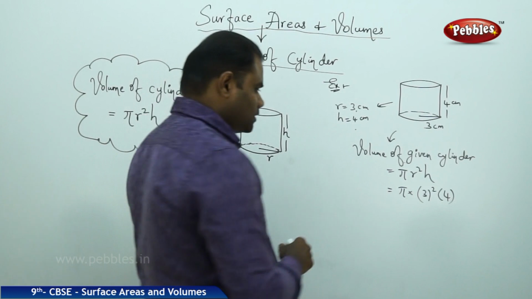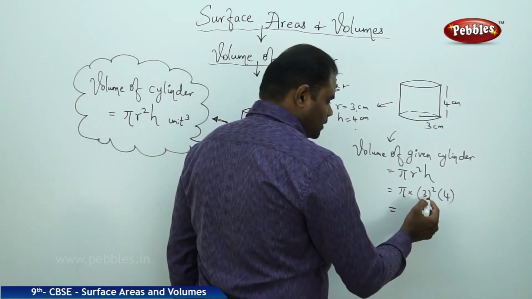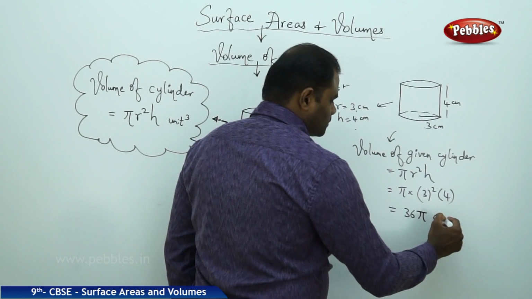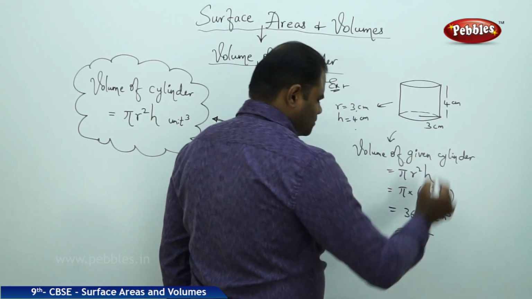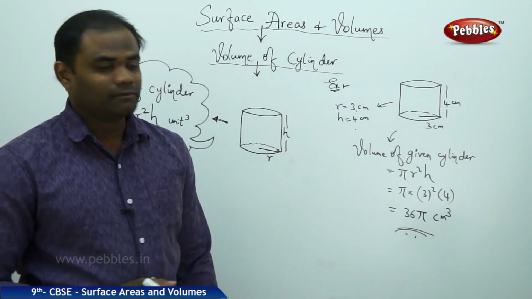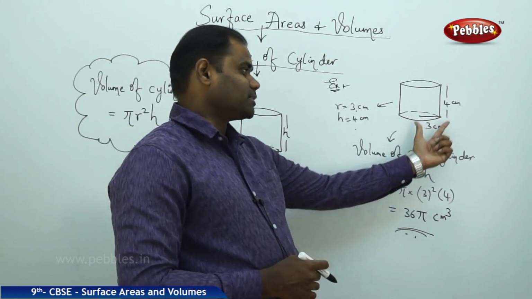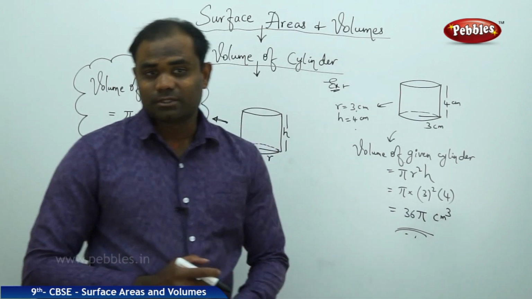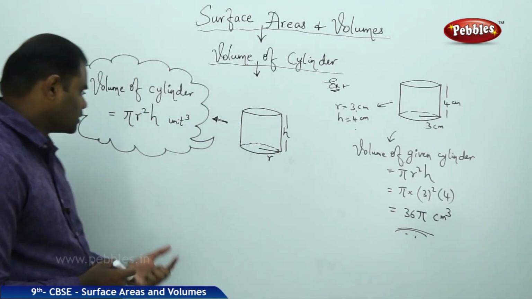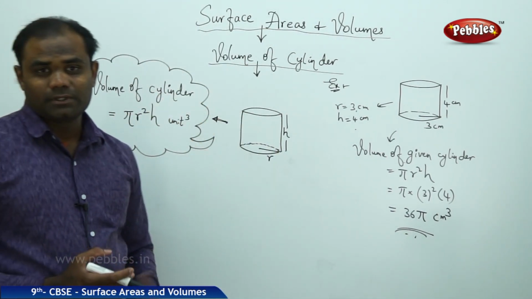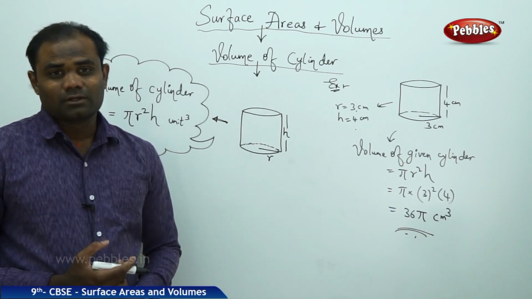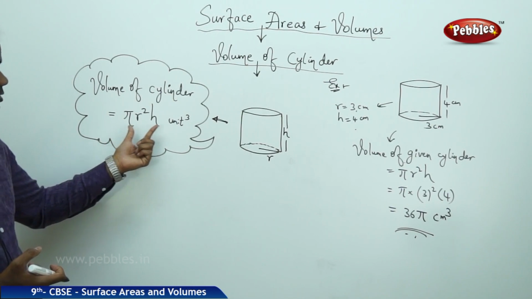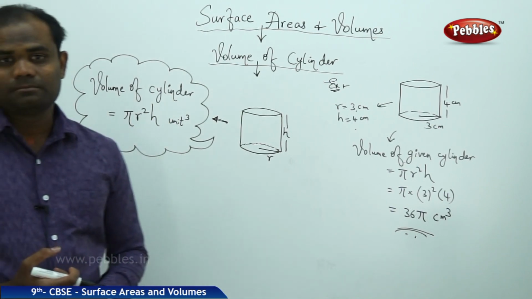And this, on further simplification, gives 3 3s are 9, 9 4s are 36 pi centimeter cube. So the volume of the given cylinder with radius 3 centimeters and height 4 centimeters is 36 pi centimeter cube, using strictly the formula here. Therefore, volume of a cylinder is given by the formula pi r square h unit cube.